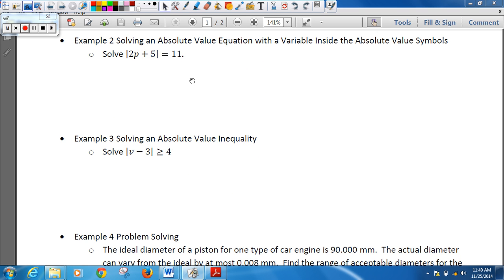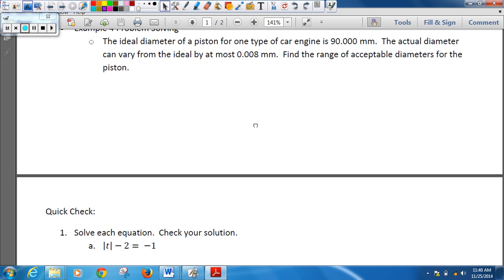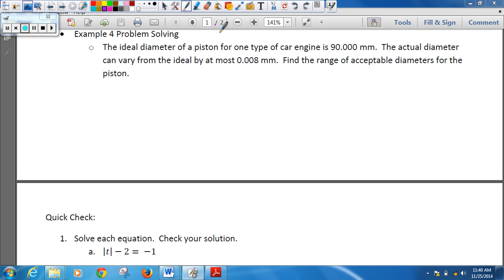Example number 4 is our problem solving this set. It says the ideal diameter of a piston for one type of car engine is 90 millimeters. The actual diameter can vary from the ideal by at most 0.008 millimeters. Find the range of acceptable diameters for the piston. Well, we know our ideal diameter is 90.